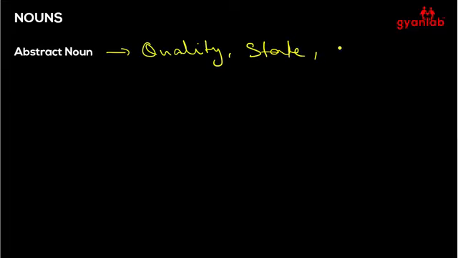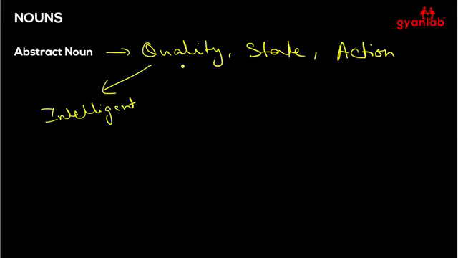And finally, we have the abstract noun, which is not a concrete noun, and it's used to denote some quality, state, or action, right? Quality can be, say, a person is intelligent, or someone is clever.